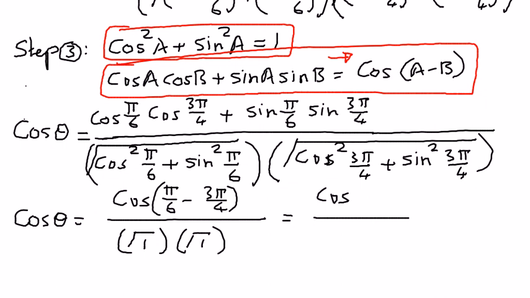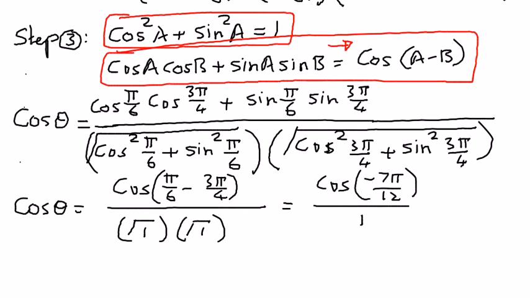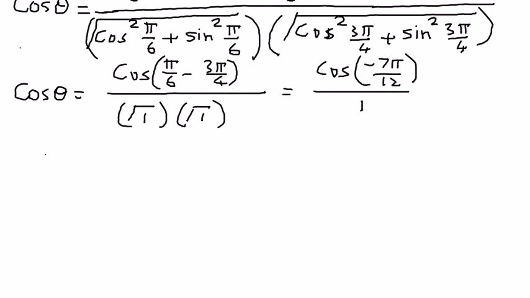When we simplify these fractions, it comes out as negative 7 pi over 12, divided by square root of 1 times square root of 1. That is equal to 1. So therefore this is what we have now: cosine theta is equal to cosine of negative 7 pi over 12.